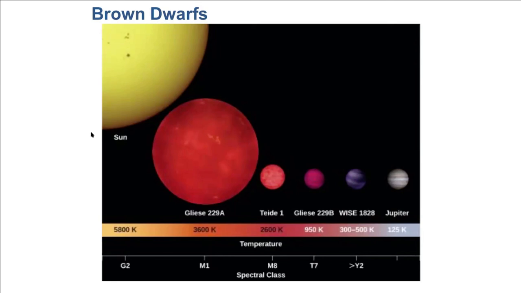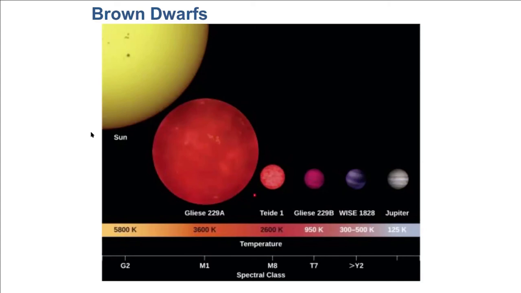If you go towards cooler and cooler objects and lower mass objects, you don't physically change in size all that much, right? So in going from TD1 to Gliese 229B to WISE 1828 to Jupiter, again, you're talking about a range of probably 100 in mass of these objects, and yet their sizes aren't all that much different.